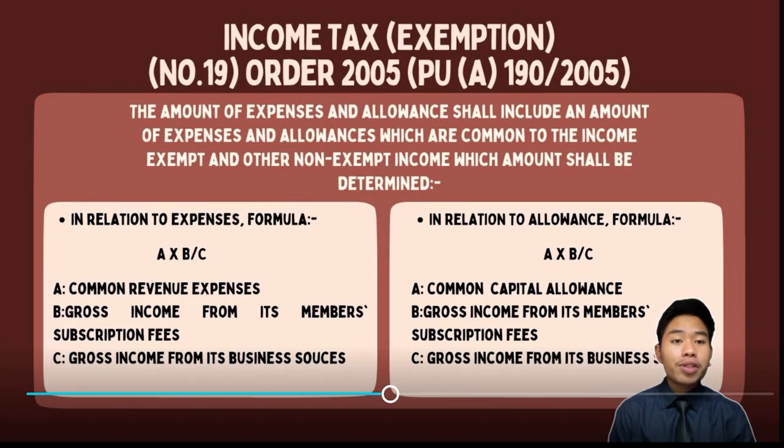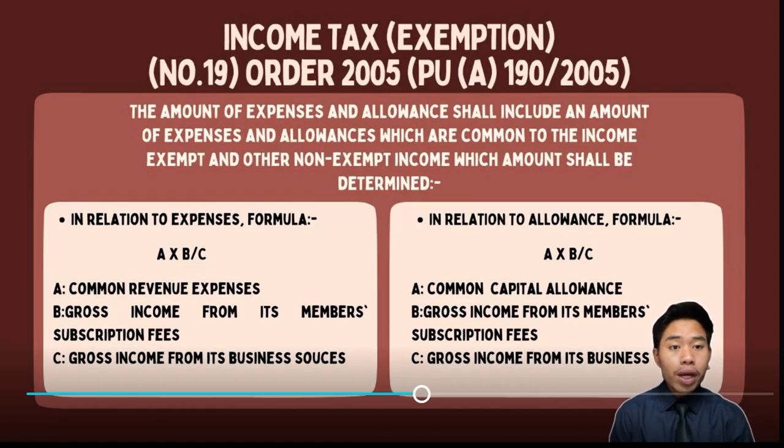According to the Income Tax Exemption (No. 19) Order 2005, PU A 119/2005, the amount of expenses and allowance shall include an amount of expenses and allowance which are common to the exempt income and other non-exempt income, which amount shall be determined as follows.